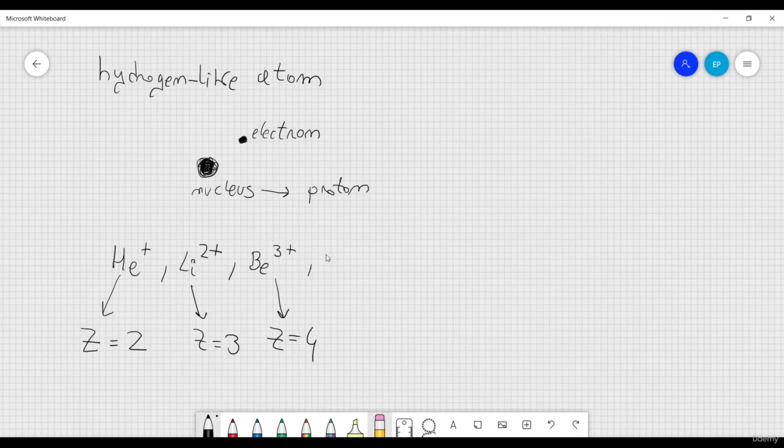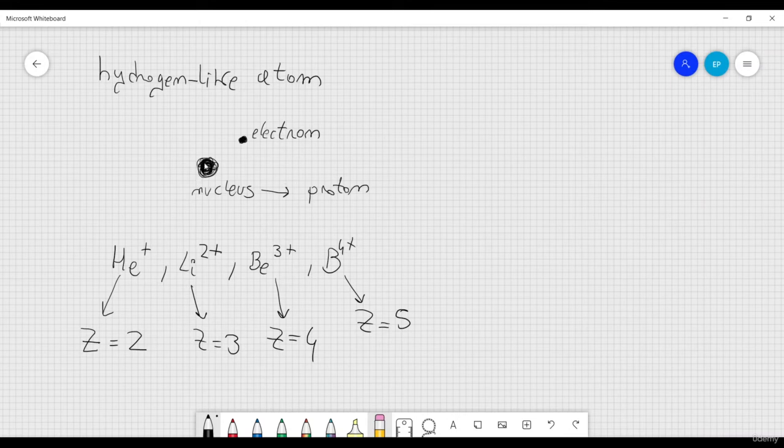And then we can also consider boron, for example, boron with 4 positive charges, and here we have Z equal to 5. Okay, and the theory that we are going to describe in the course is capable of describing, of characterizing all these possible atoms, okay?